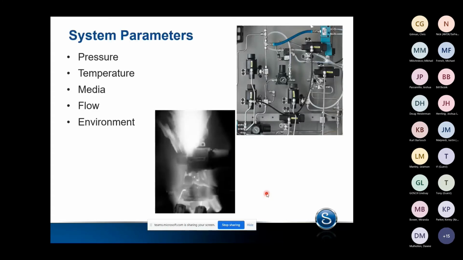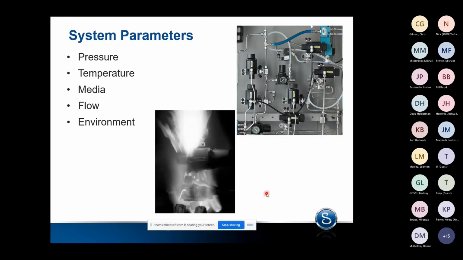And our 5 most common parameters are going to be the system pressure, the system temperature, what's running through the valve, which would be the system media, the flow that's required of the valve, and then what's the environment?